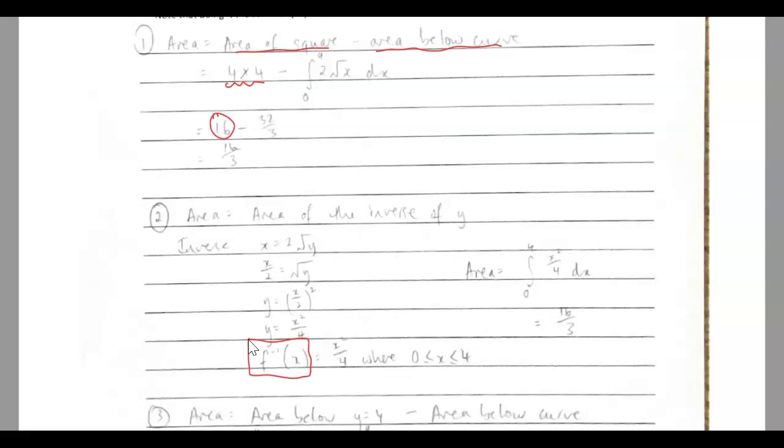I would hate for you to lose marks on your exam just because you couldn't write f^-1(x). All right, you need to have the correct notation for inverses. So your inverse was x squared on 4. It's a bit hard to see there. So just setting up the definite integral there.